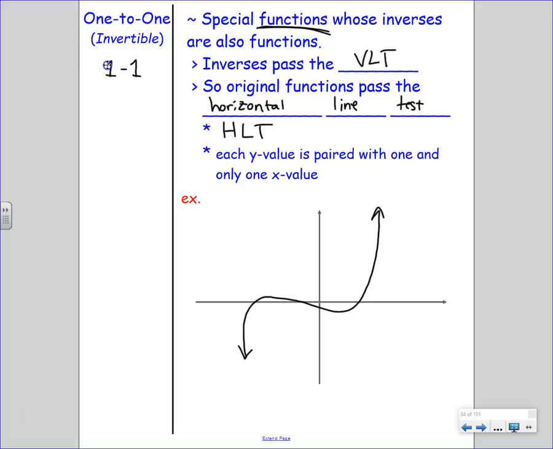Is it invertible? I've drawn it truly, I haven't messed up. Is it invertible? It's good almost everywhere, but where does it fail? Is it a function? Yes. But is it invertible? No. Because it fails what new test?